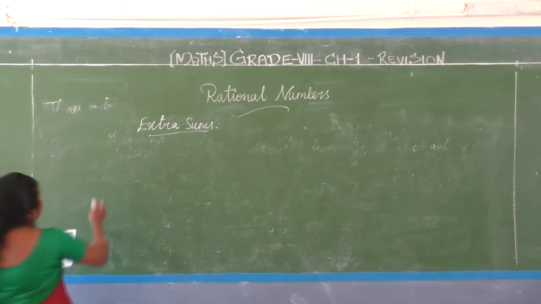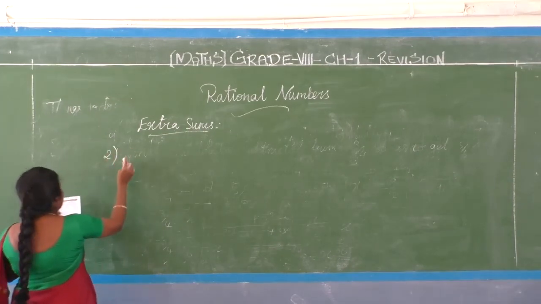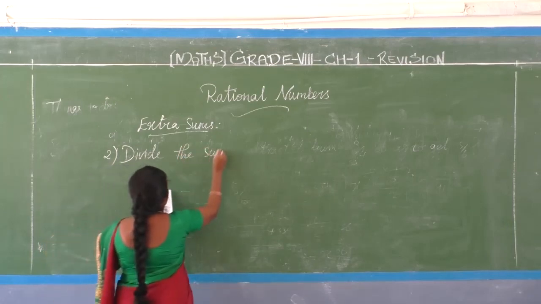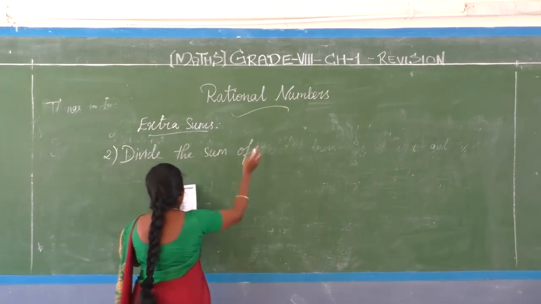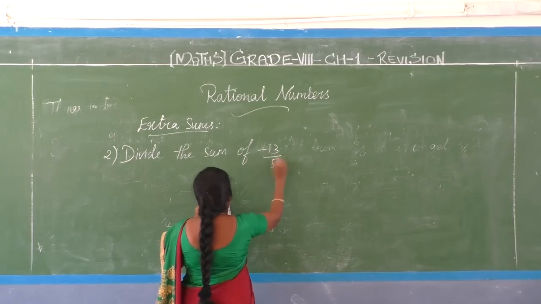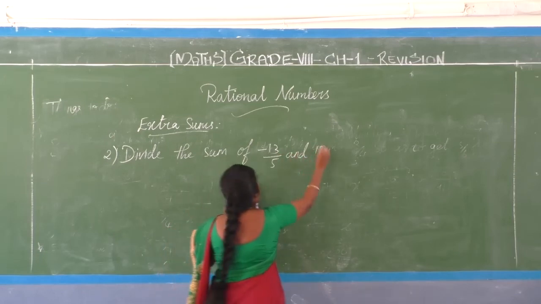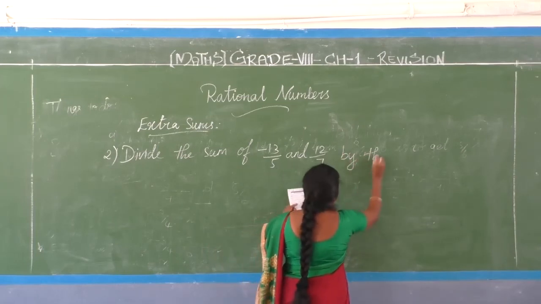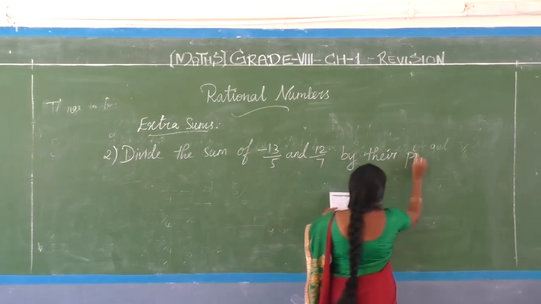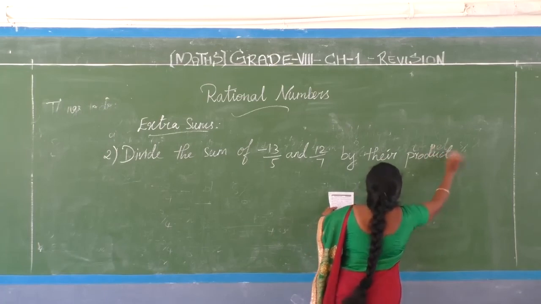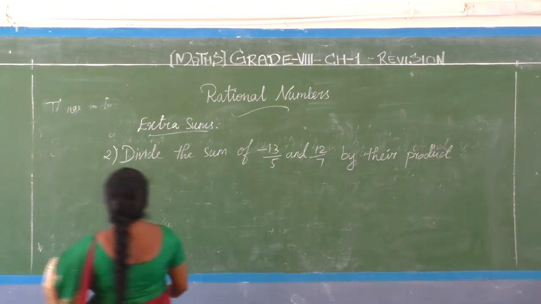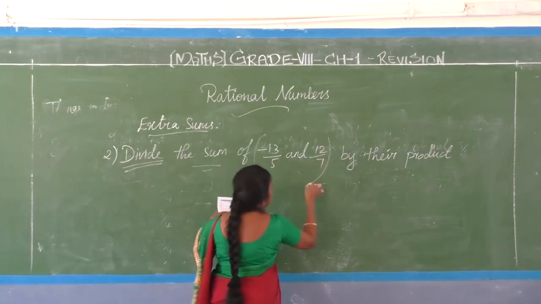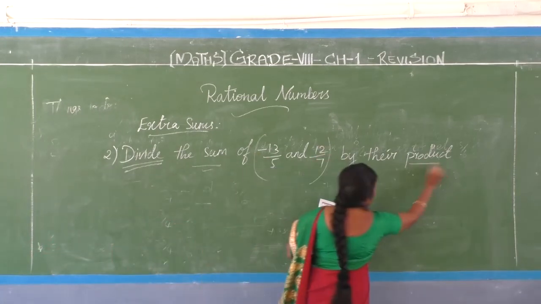So, second question: divide the sum of minus 13 by 5 and 12 by 7 by their product. Clear? What is given? Divide the sum of this and this by their product.